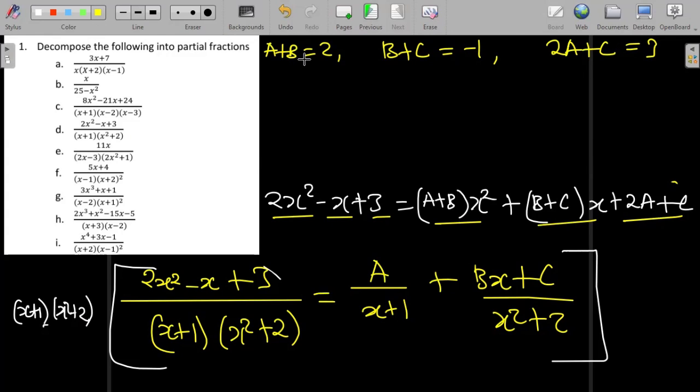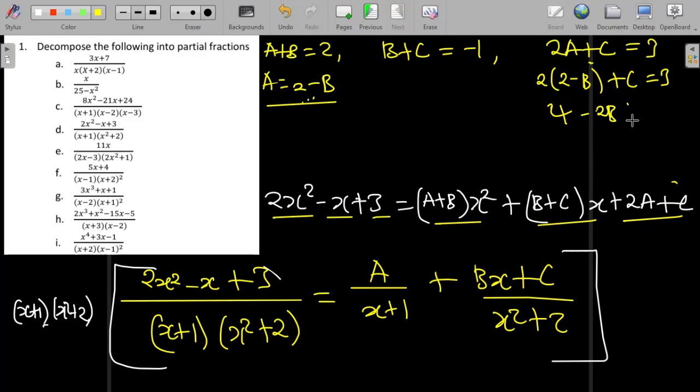3. Right, so from here, we can get a is equal to b. Actually, it's equal to 2 minus b. Then we substitute it into this one. So it will be 2 minus b plus c is equal to 3. So this will be 4 minus 2b plus c is equal to 3.